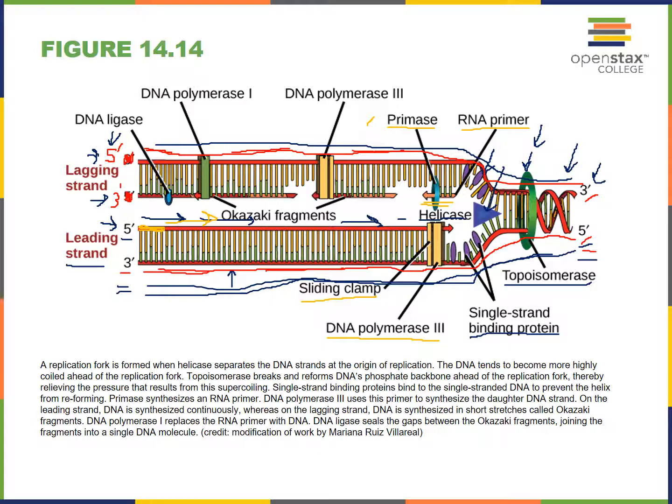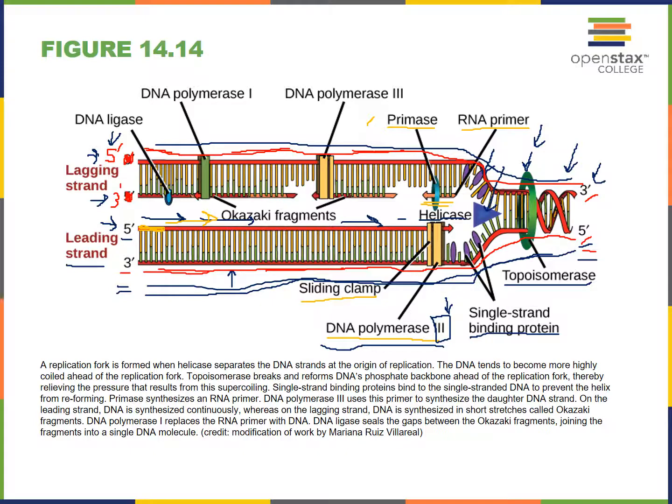Now, this enzyme, DNA polymerase 3, is the main enzyme for creating DNA, for synthesizing DNA. So remember that that is number 3, DNA polymerase 3. That is your major DNA synthesizing enzyme.